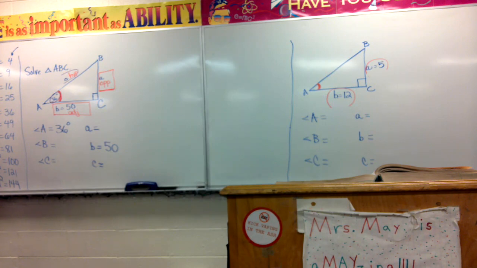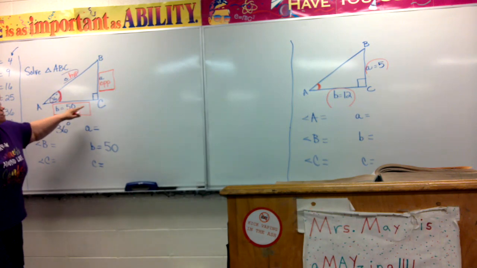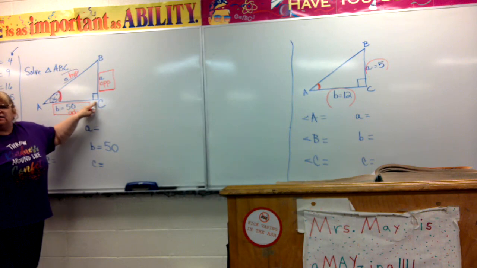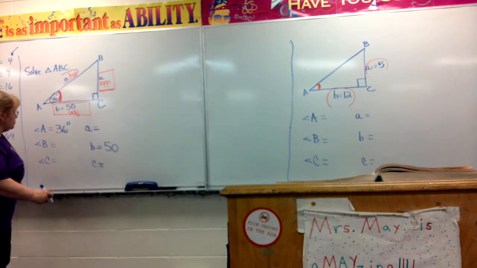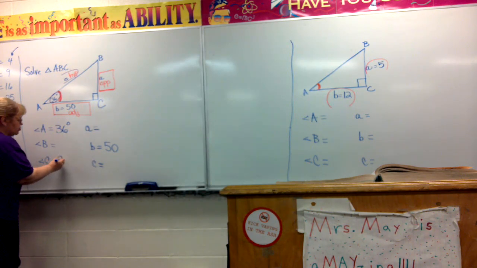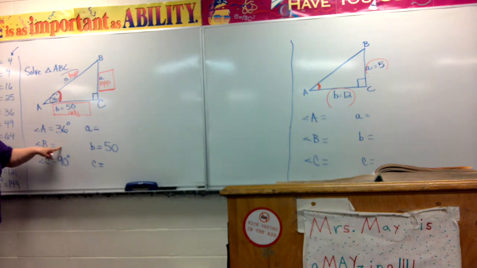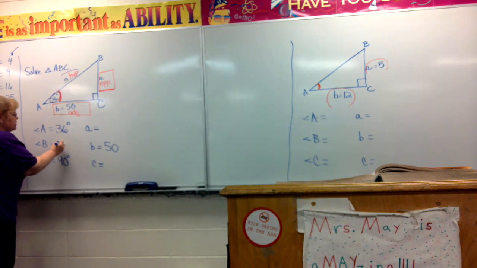Well, they sort of give us one other angle, right? If that's a right angle, even though they don't say it, we can assume it's 90 degrees. And then shouldn't you be able to find angle B if you know those two? 180 minus 90 minus 36 is 54.